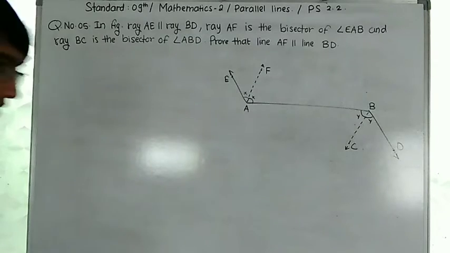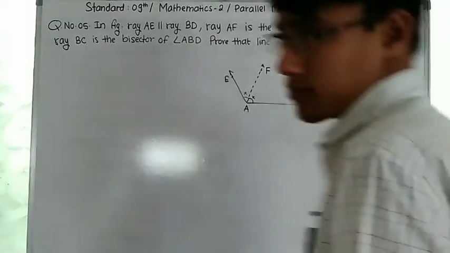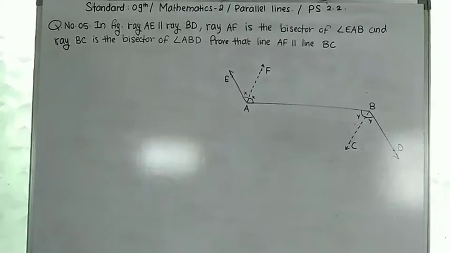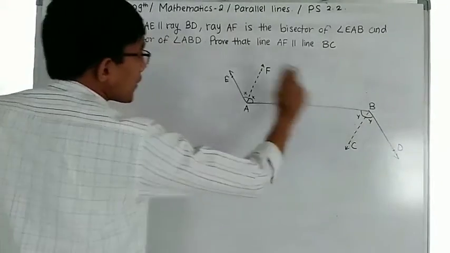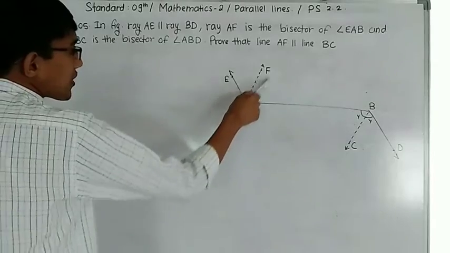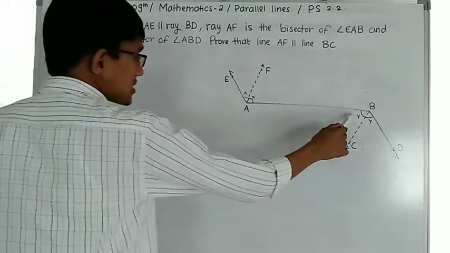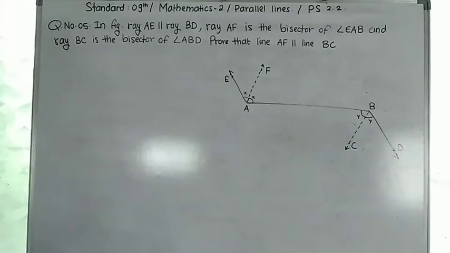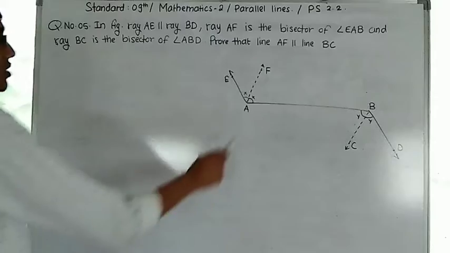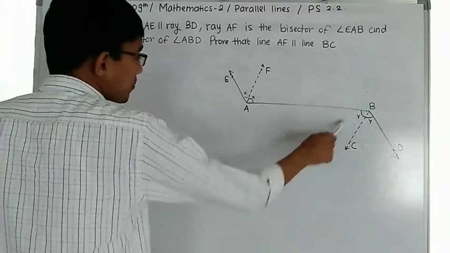What we have to prove is that this particular ray, AF, is parallel to this ray BC.